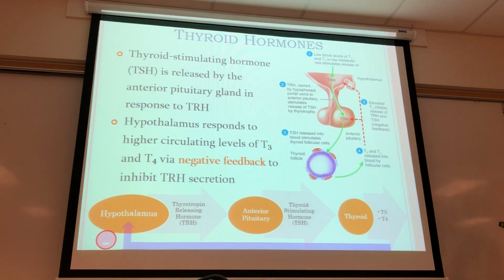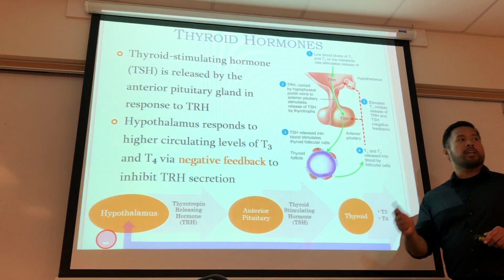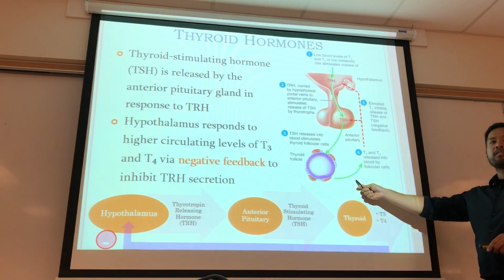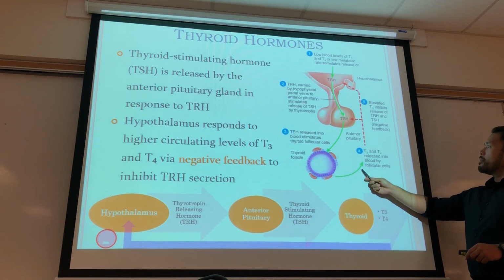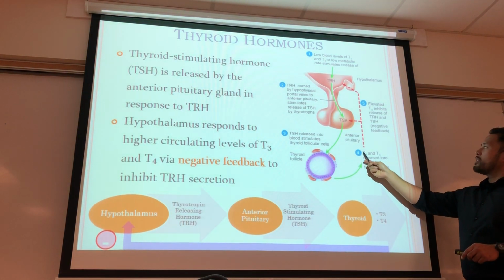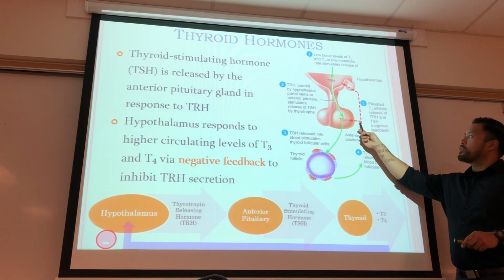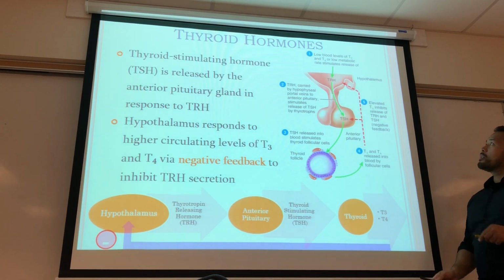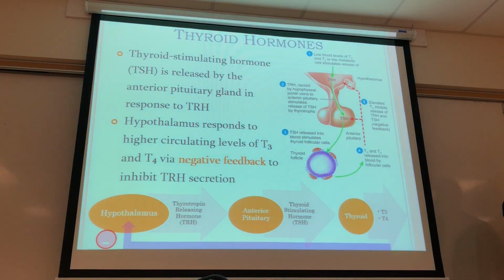The TSH then stimulates the follicular cells to start producing T3 and T4. That T3, T4 then makes its way out to the circulatory system and makes its way back where it can turn off the production of thyroid-stimulating hormone and turn off production of thyrotropin-releasing hormone.